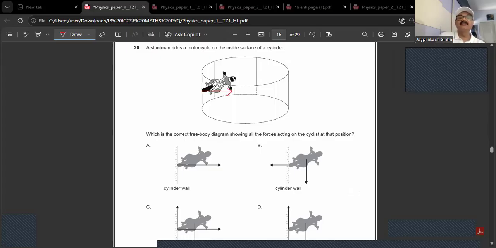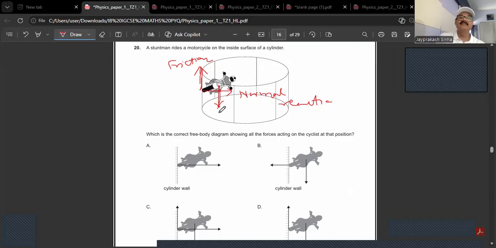And the tendency of this biker is to fall, means if it is going in this direction, so friction will act in this direction. Isn't it? Friction. Okay, this is the normal reaction force. And the weight of this biker along with the motorcycle will act at the center of gravity.